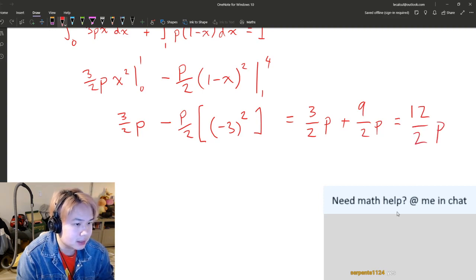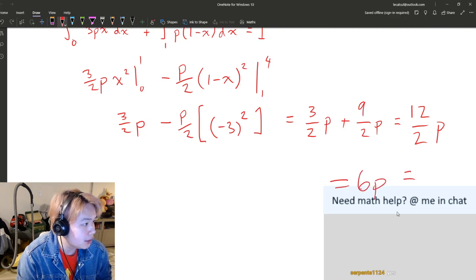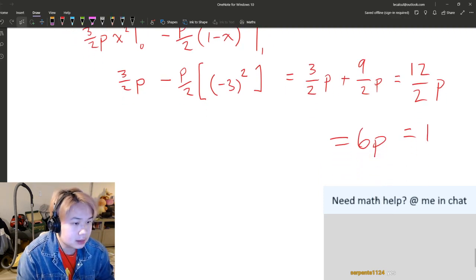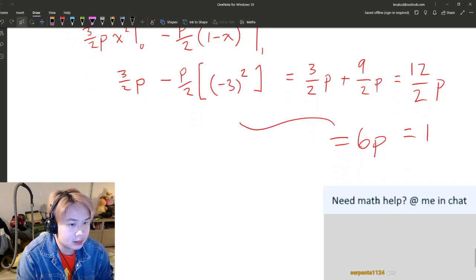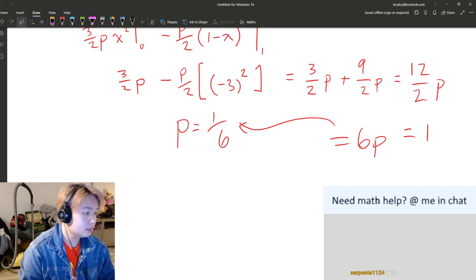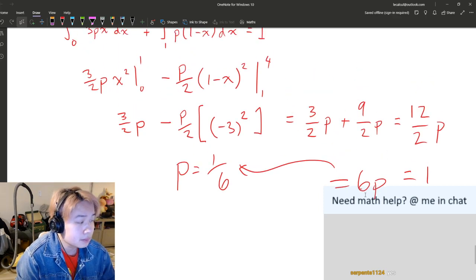Over 2p, so 6p, and then we know that this is equal to 1, so p is 1 over 6? Sure.